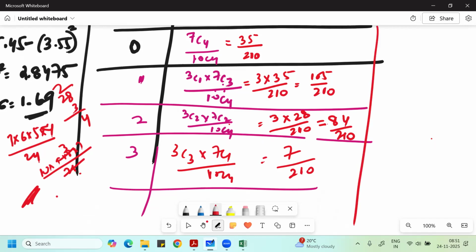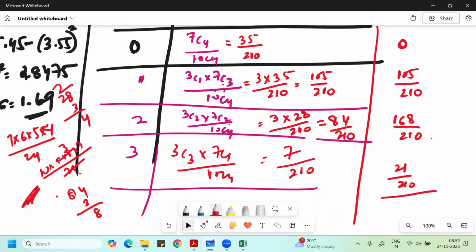For the expected number, you have to multiply the probability with the x value. So this is 105 by 210, then 84 twos is 168 by 210, and 7 threes are 21 by 210.